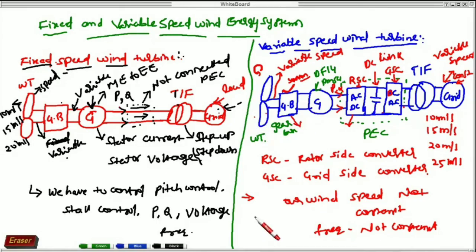And here some two axes will be there. If you use a wind turbine and a power electronics converter, we apply the DQ axes, direct and quadrature axes, right?